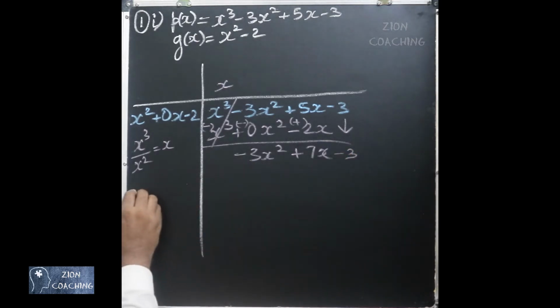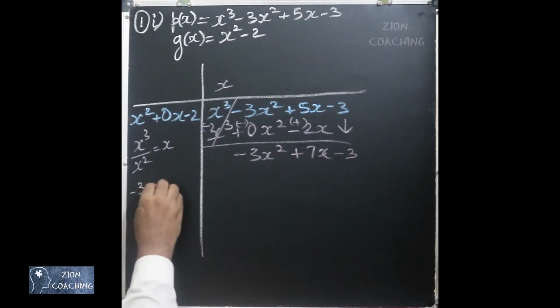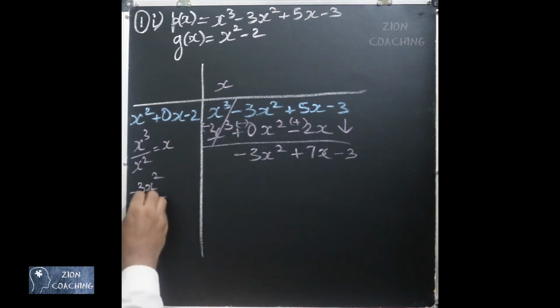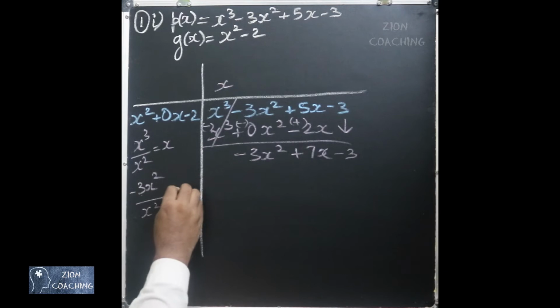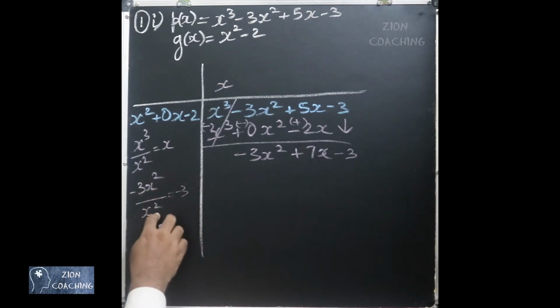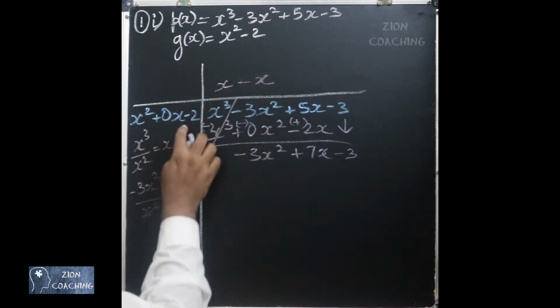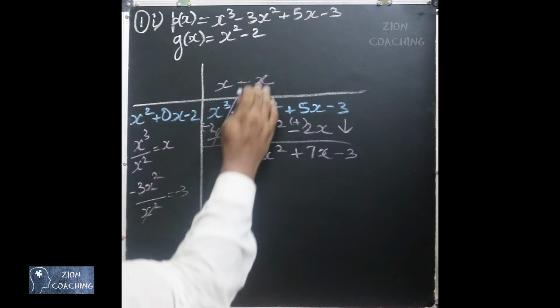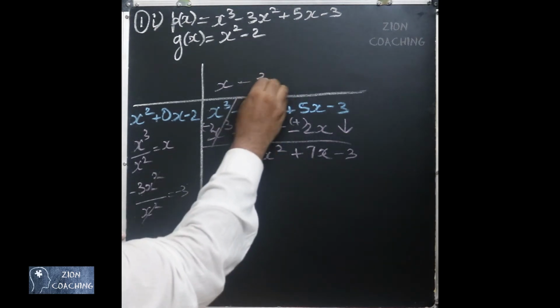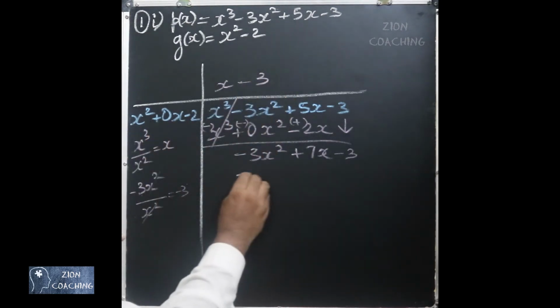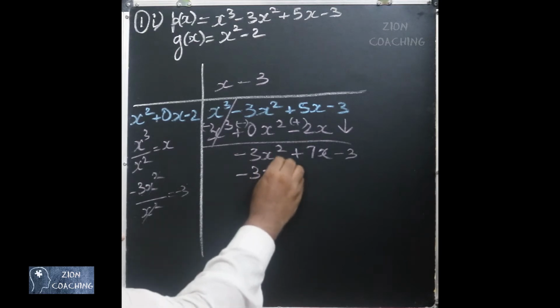Now checking the first terms, we have minus 3x squared, it is going to be divided by x squared. So minus 3 divided by 1 is minus 3. X squared divided by x squared will get cancelled. So we are going to multiply the entire divisor by minus 3. So minus 3 into x squared is minus 3x squared.